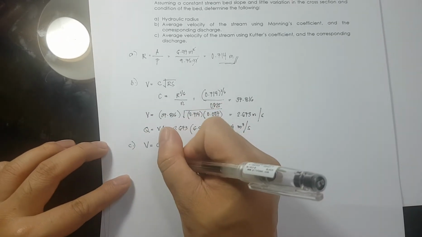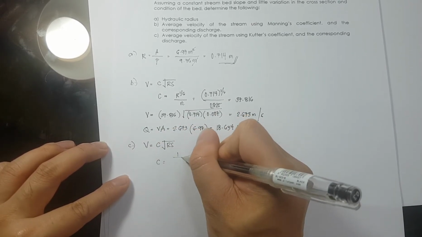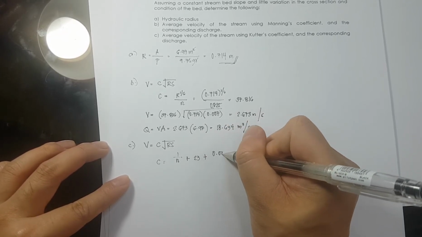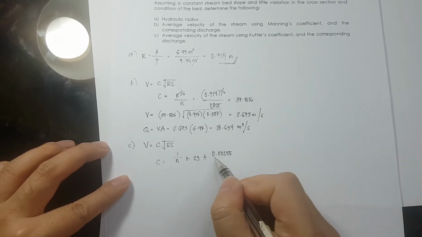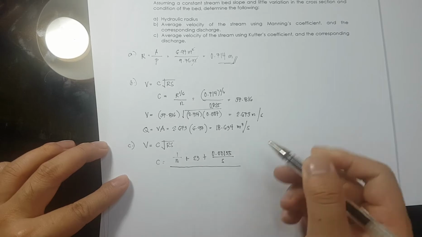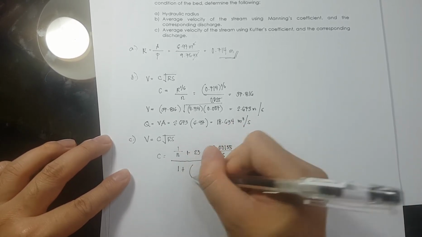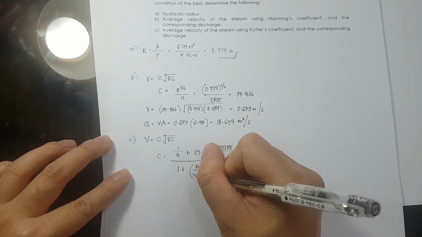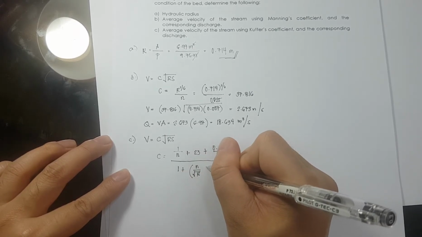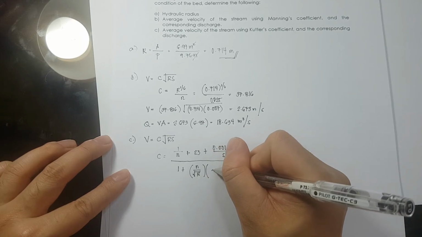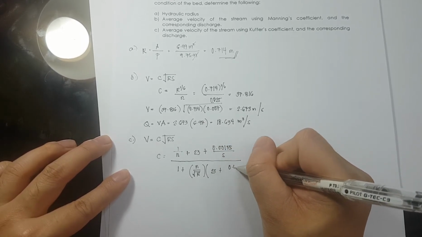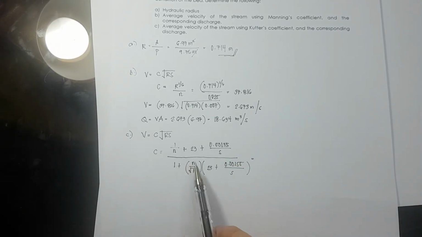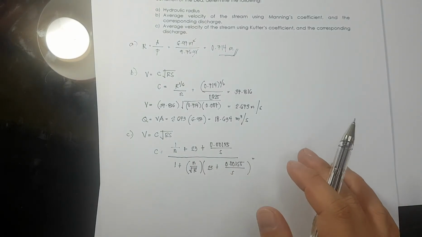For Kutter's C, it is 1 over N plus 23 plus 0.00155 divided by S, divided by 1 plus N over the square root of R times 23 plus 0.00155 over S. These values are readily available, so what we need to do is simply substitute.